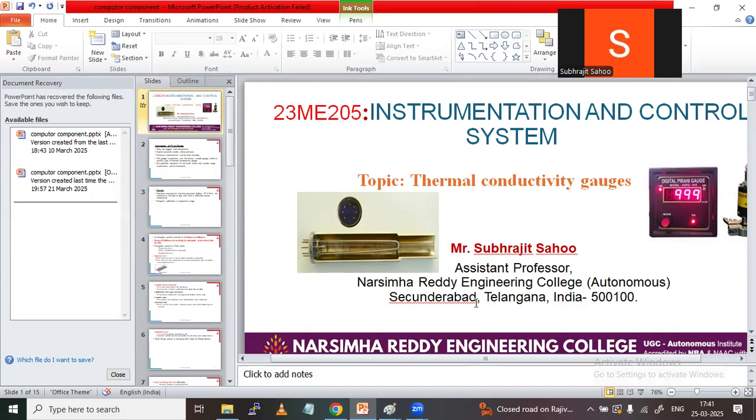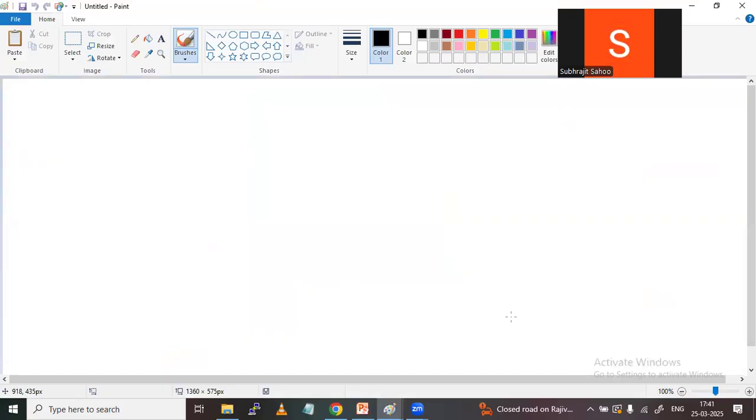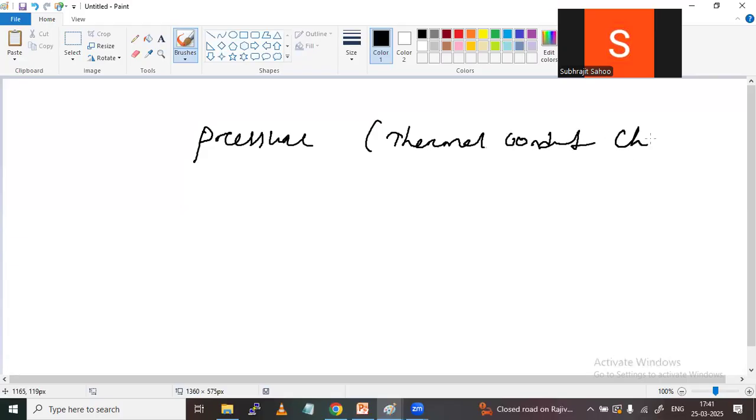So thermal conductivity gauges, right? On which principle does it work? Let us first see this one. The name itself indicates it is working on the principle of thermal conductivity. That means the pressure will be measured based on thermal conductivity changes.